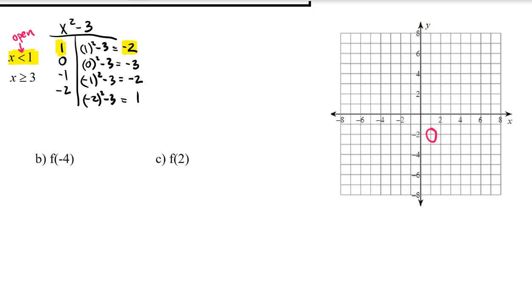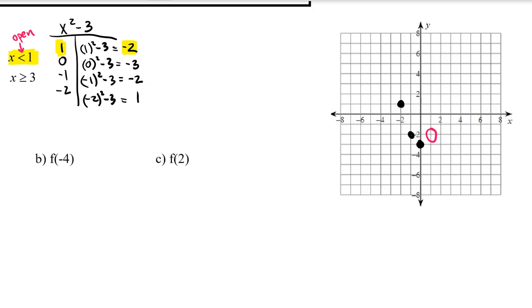All the other points are going to have a solid dot. So at 0, negative 3, that'll have a solid dot. At negative 1, negative 2, a solid dot. And negative 2, 1, that'll also have a solid dot.